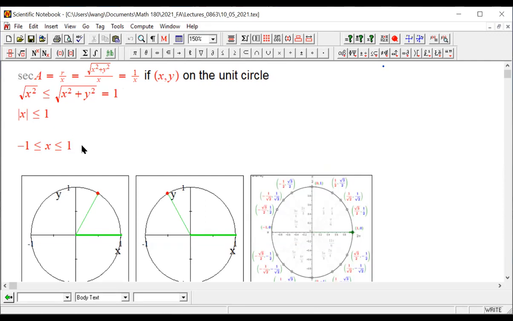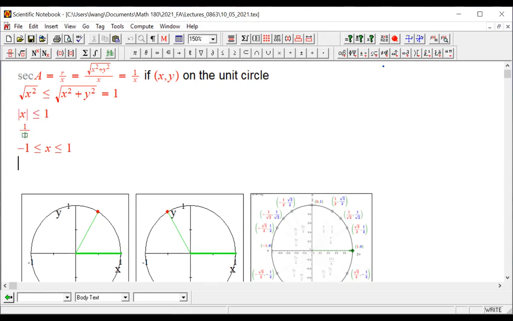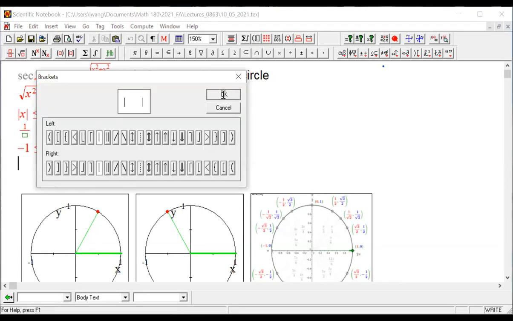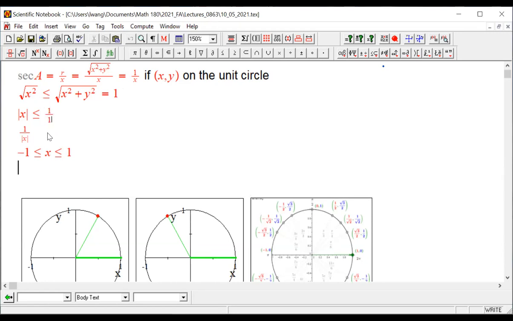But from here, if I flip it, what will be 1 over x? I can flip it on this side, because both are positive, so I'm going to flip it: 1 over the absolute value of x, and 1 over 1, is going to be greater than or equal to 1.